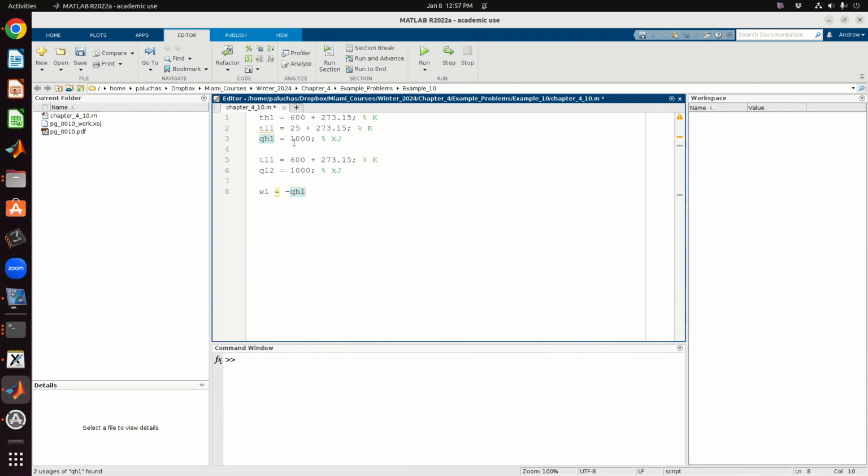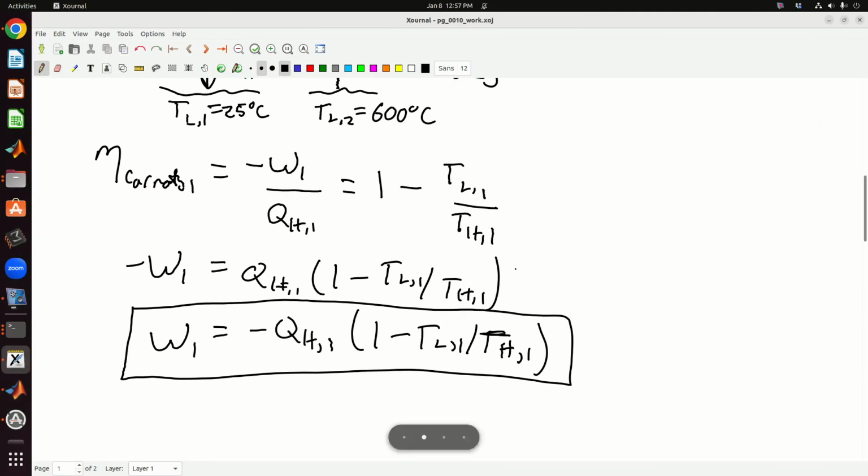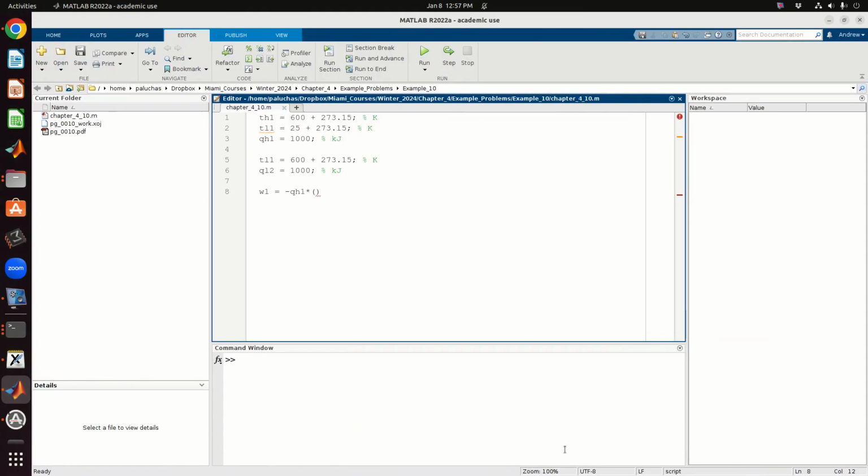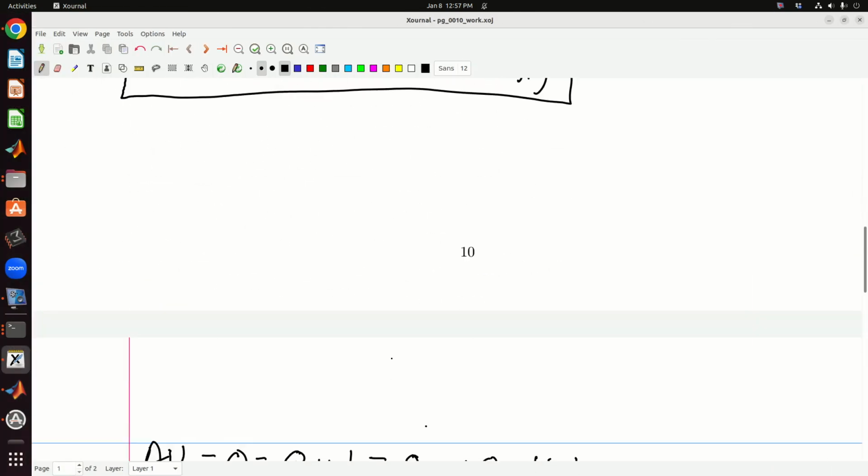QH1 is positive, so this is going to be negative, which again makes sense since it's work done by our system on our surroundings, or in this case, work done on system 2. So it'll be 1 minus TL1 divided by TH1. Okay, so that's W1.